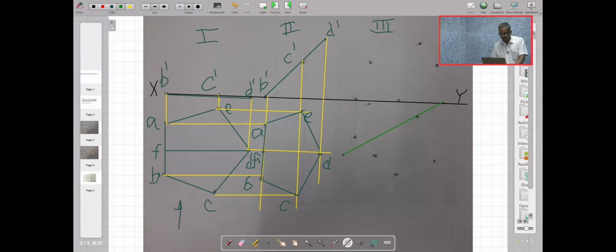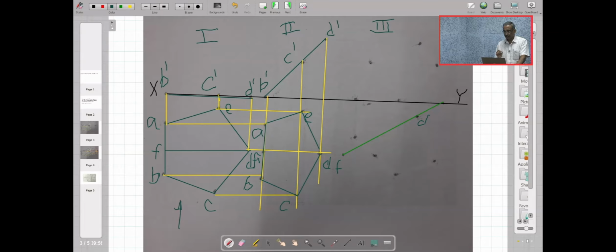So this will be my point D, and this will be my point F. This DF is the true length. I have taken this length of DF from the first stage and measured it from an arbitrary point D, marking it on this inclined line. So I got this DF in the third stage.